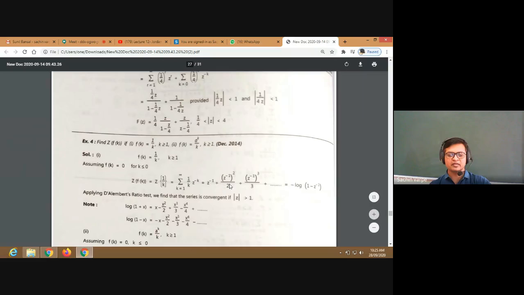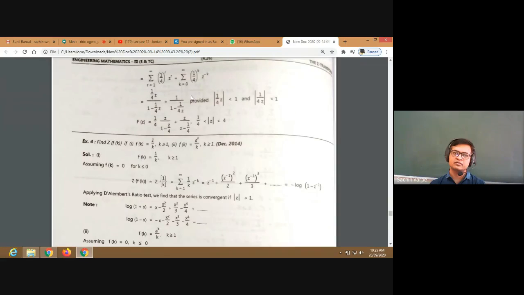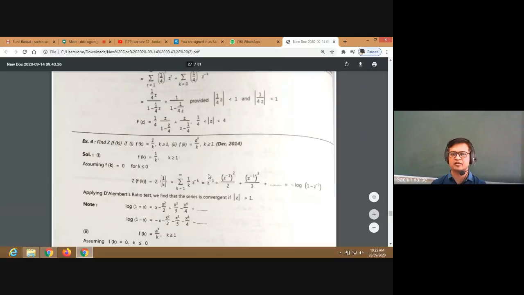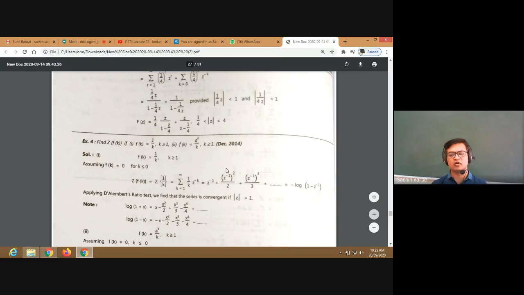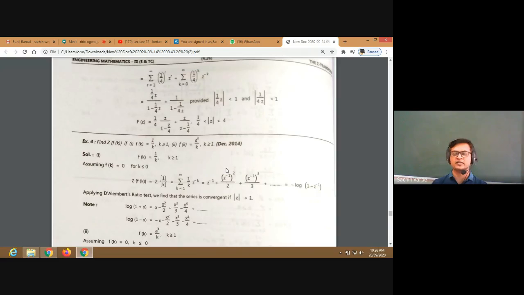And if you remember this, I think in M1 or M2, you might have discussed Taylor's and Maclaurin series expansions. Have you discussed the Taylor's and Maclaurin series in M1 or M2? Yes. Okay. So there you might have discussed these formulas of log of 1 plus x or log of 1 minus x or exponential or trigonometric functions, isn't it?